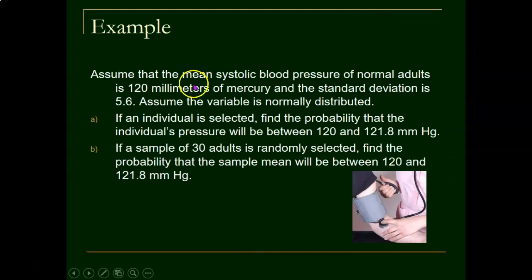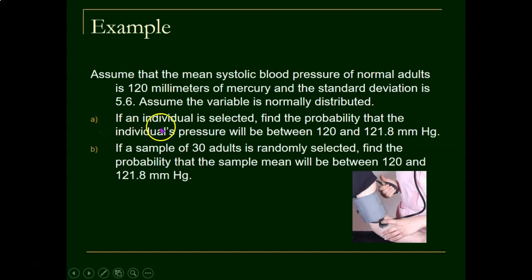And one more example. Assume that the mean systolic blood pressure of normal adults is 120 millimeters of mercury, so that's just the unit that blood pressure is measured in, and the standard deviation is 5.6. Assume the variable is normally distributed. Now this is a two-parter.